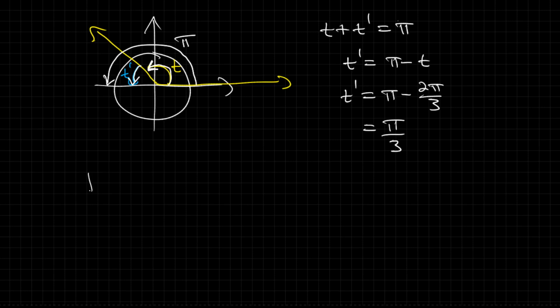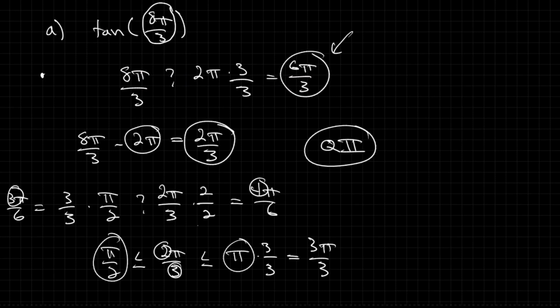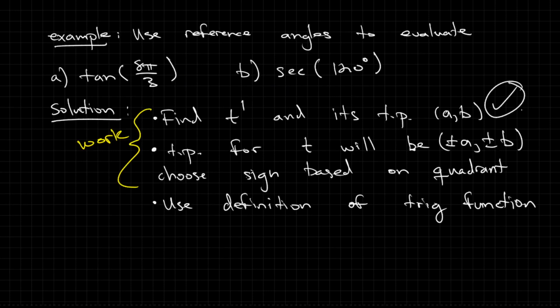It has terminal point 1/2, comma, root 3 over 2. So at this point, we have found t prime, the reference angle, and its terminal point.